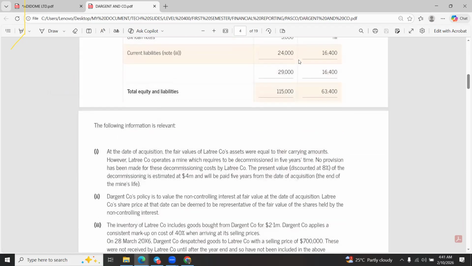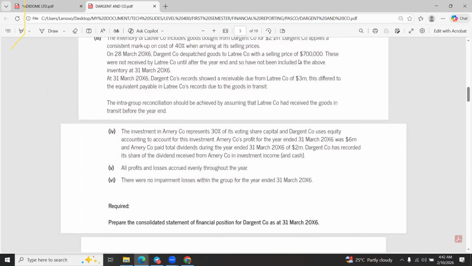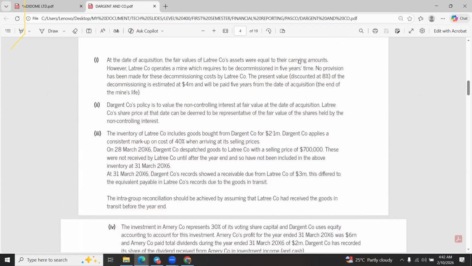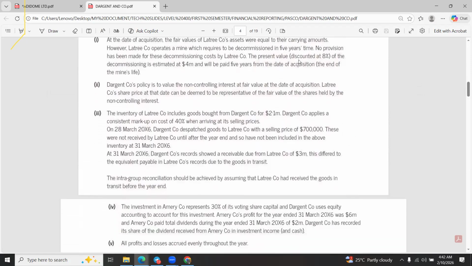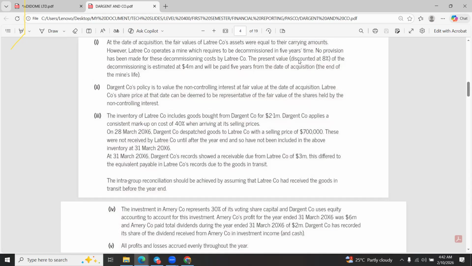When we are doing the footnote items, it is power packed. It is really power packed. So if you are doing it, you need to sit down and understand the concept before we start. You see the footnote here, you see goods in transit, you see cash in transit, you see dividend paid here, you see the net asset at acquisition.